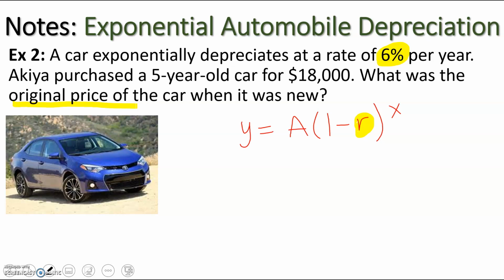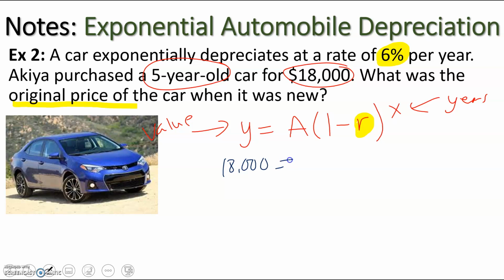The interesting thing is, this time they do give us an X and a Y just like before, right? Remember, X is our years, and Y is the value of the car. So we're going to substitute the $18,000 value and our 6% and the 5 years.